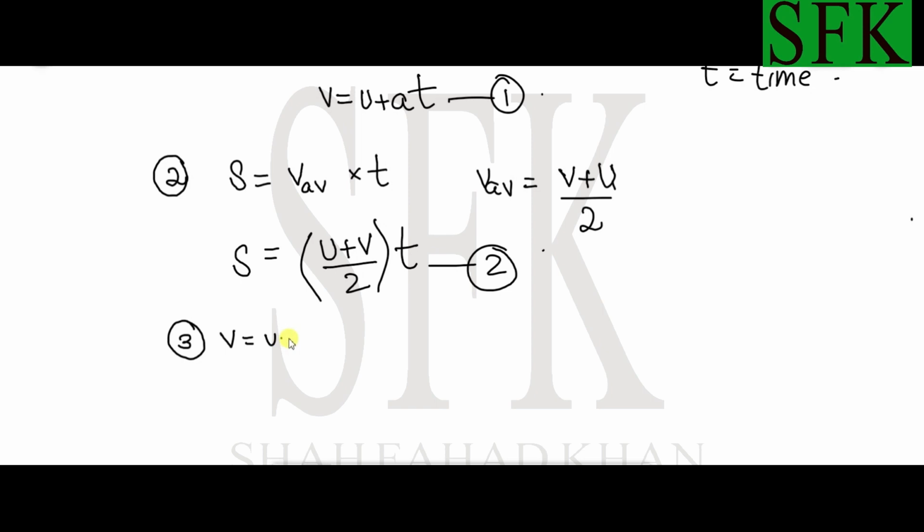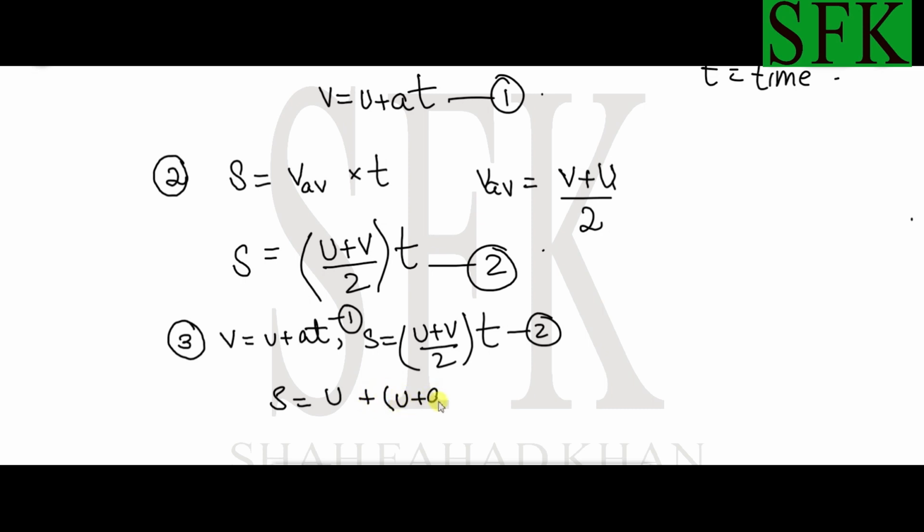v equals u plus at and s equals u plus v upon 2 times t. Over here, this v can substitute the v in this equation. So the v in the first equation, let's plug it into the v of the second equation. So it becomes s is equal to u plus u plus at, the whole thing divided by 2 multiplied by t.